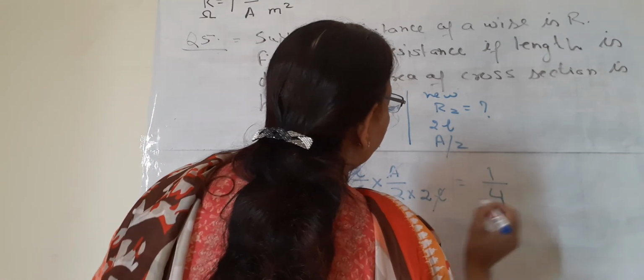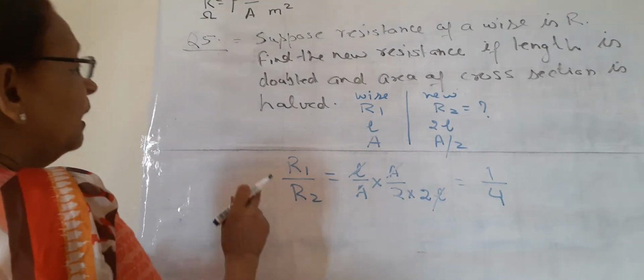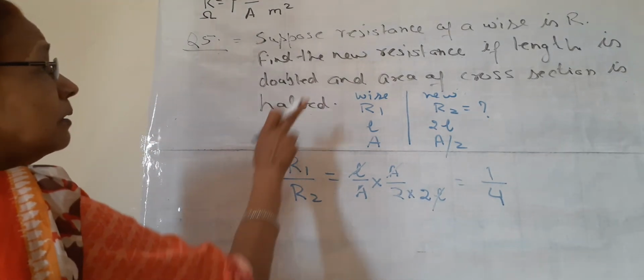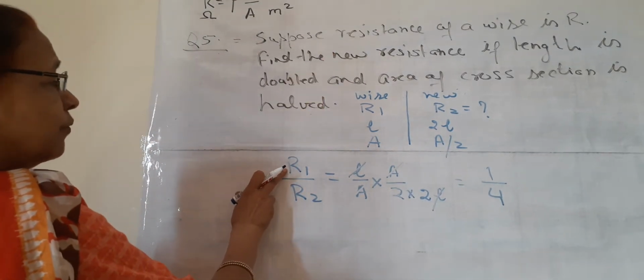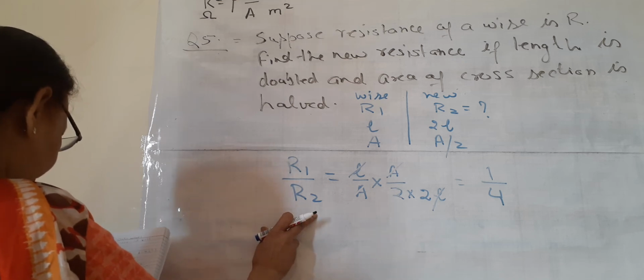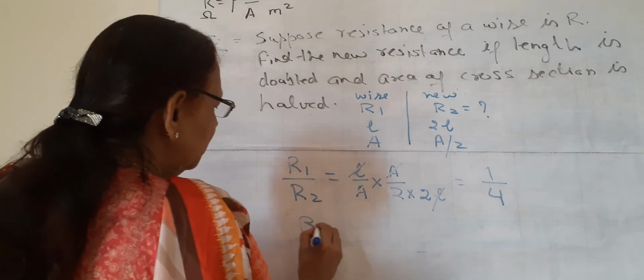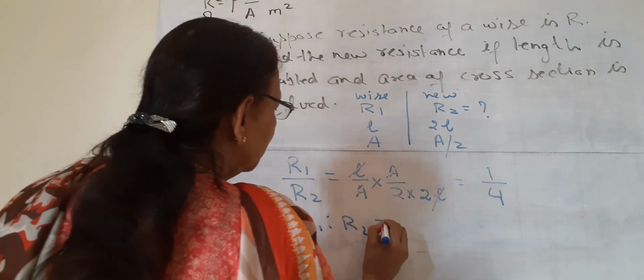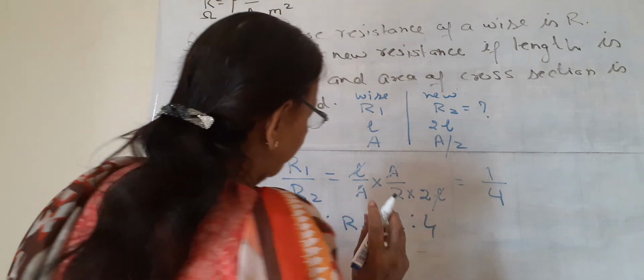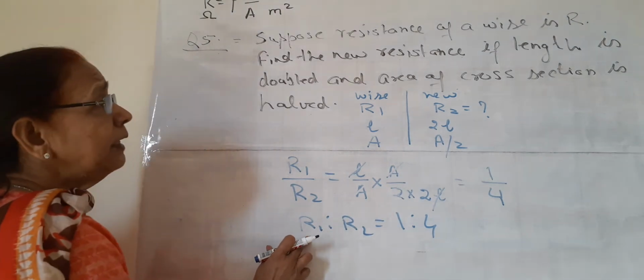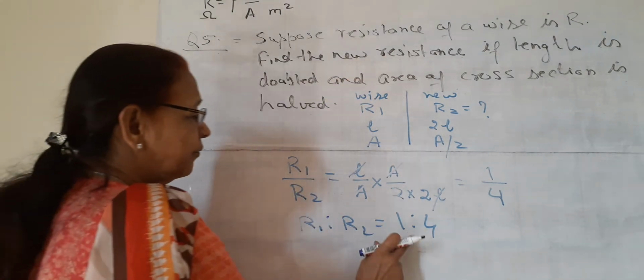What remains? 1 by 4. That is, if the resistance initially is 1, now it becomes 4 times. So the ratio of R1 is to R2 is equal to 1 is to 4. That is, initially R or R1 is 1.